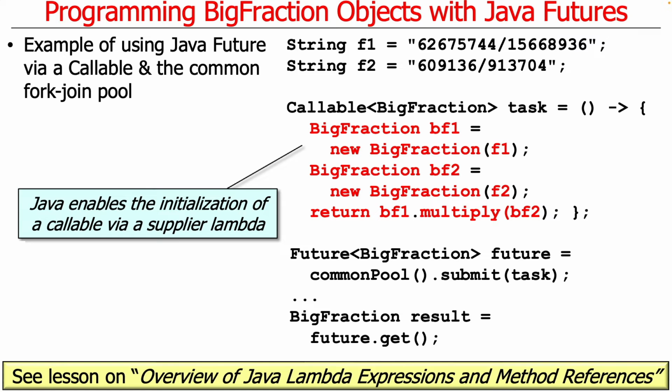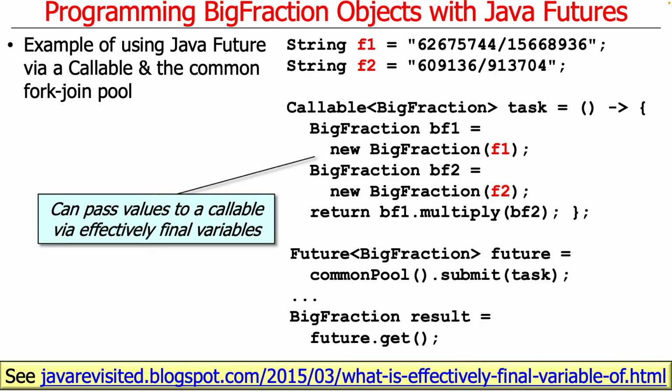Java enables the initialization of this callable via a supplier lambda. Supplier lambdas are just one example of combining modern Java functional programming features with traditional Java concurrency features. You can see that we're using these so-called effectively final variables.